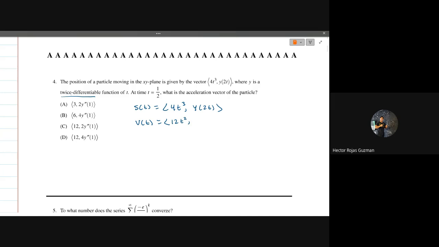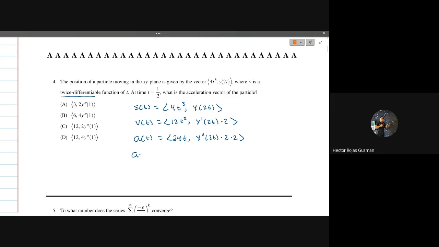Now, when you derive the y component, make sure that you use the chain rule. So we have y prime of 2t times 2. Now take your second derivative. This gives us 24t, comma, y double prime of 2t times 2 because we have to use the chain rule again.